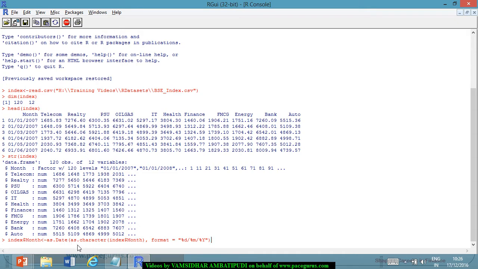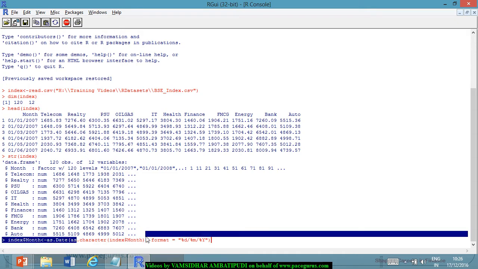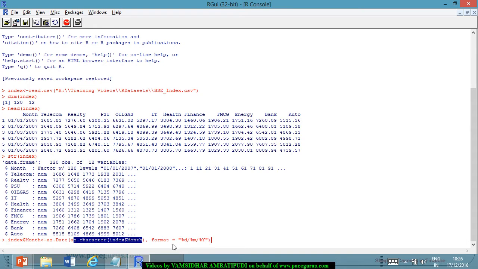As.Date takes the character date, and I am giving a format in which this character needs to be understood. The first part is the day, so I give percentage D, then hyphen.